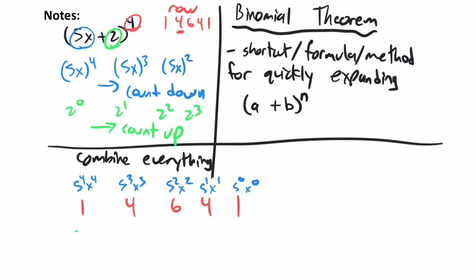Down here we have our 2 to the 0, 2 to the 1, 2 to the 2, 2 to the 3, 2 to the 4. And then underneath each one of these is going to be our term. So let's just crunch those out.